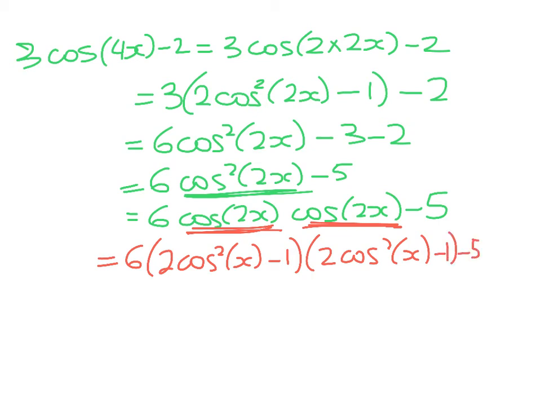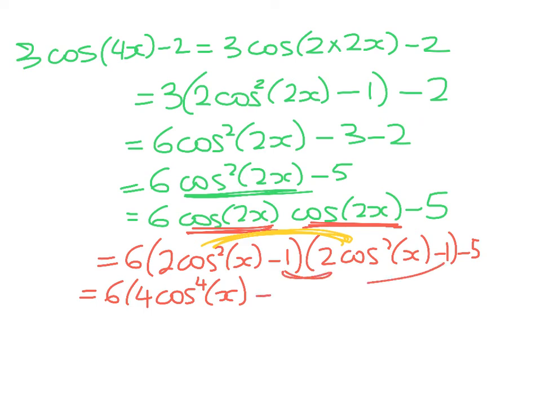So expanding this, I get 6 times 4 cos to the power of 4x. So that's that one done. This is just FOIL from back in year 9 or 10. And then I've got minus this one and this one. So minus 4 cos squared of x plus 1 minus 5.